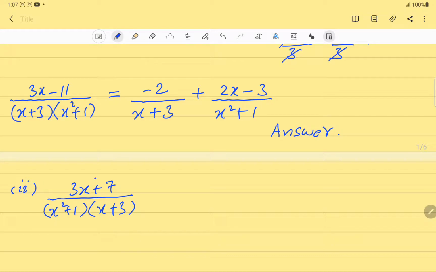The degree of the numerator is 1, and in the denominator, when we multiply this with this we get x^3, so our denominator degree is 3, which means it is a proper algebraic fraction and we can go ahead with forming the partial fractions.